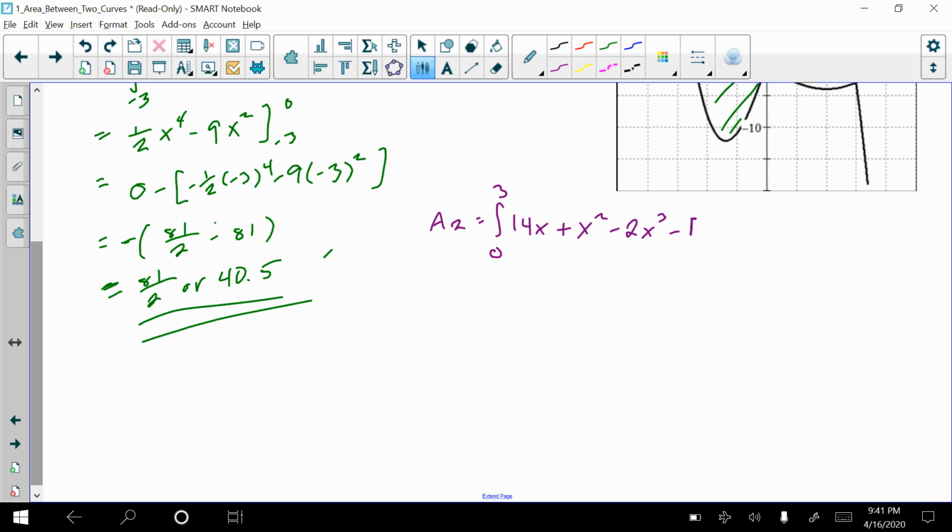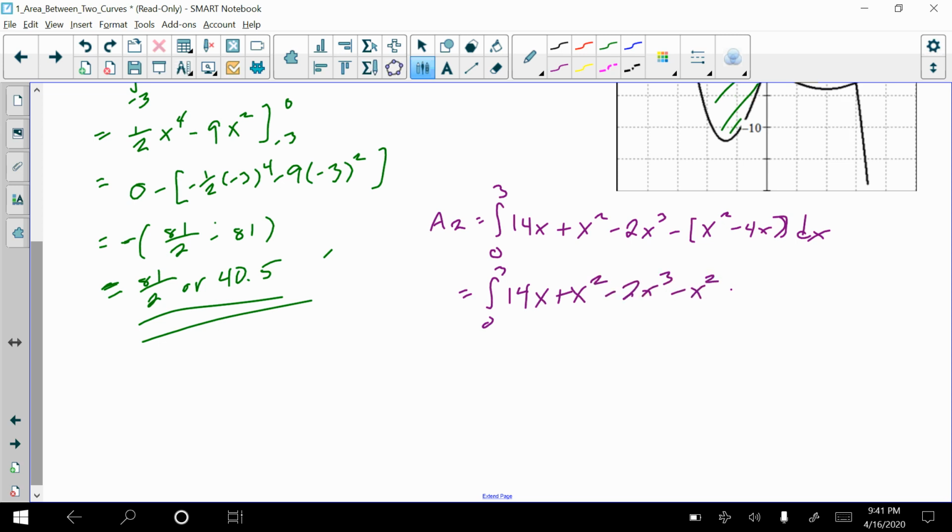And now we're going to subtract the quadratic, which was x squared minus 4x dx. So the cubic stuff, there's really no like terms to combine. And we'll go ahead and distribute the negatives. So we wind up with 14x plus x squared minus 2x cubed minus x squared plus 4x dx.